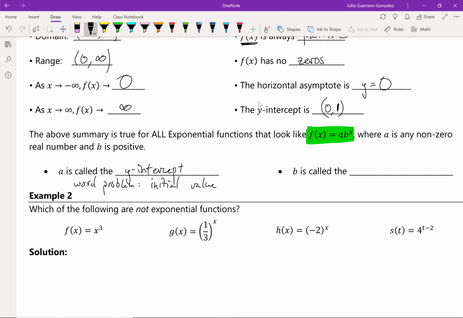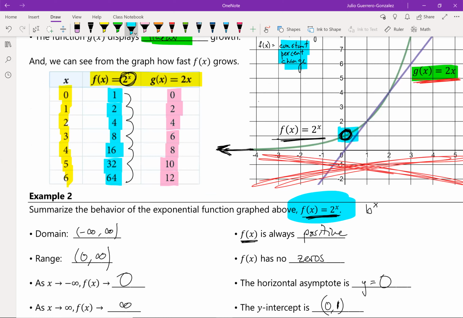Depending on what you're talking about, something in the word problem is going to give you an inkling toward an initial amount of something, so an initial population or an initial sample of spores or whatever. That is going to be your initial value, and that just so happens to be that y-intercept. So that point comes from up here.